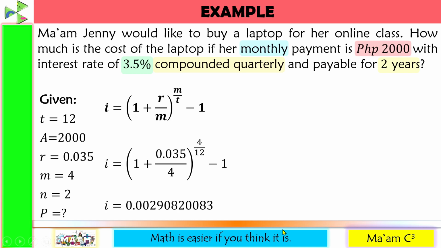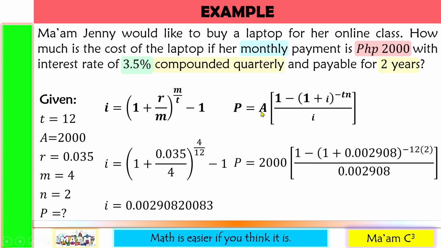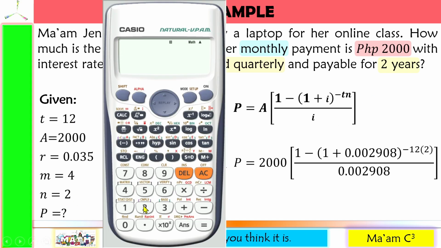Now let us solve for the present value. Let us recall the formula. Let us substitute our values here. Our A is 2,000. We just computed for the value of I, rounded off to 6 decimal places. Our T is 12 and our N is 2. Let us compute. We have 2,000, open parenthesis, fraction bar, 1 minus, open parenthesis, 1 plus 0.002908.